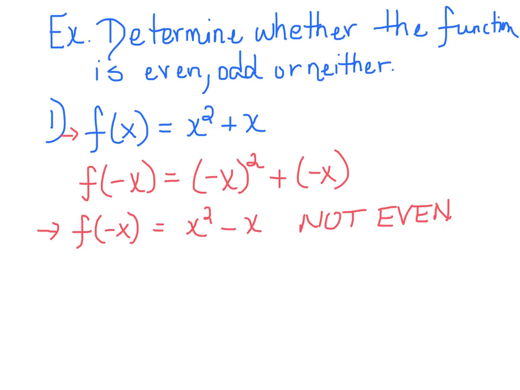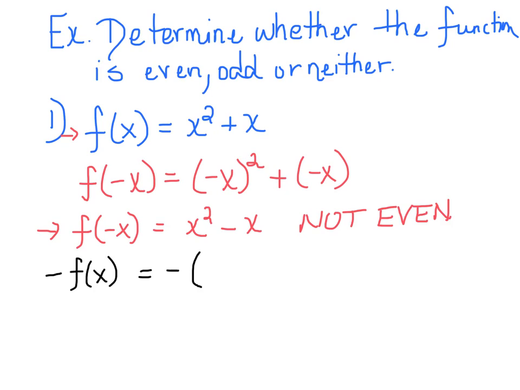Okay, so now we want to determine whether the function is odd. To determine whether the function is odd, we start with where we left off. We start with f of negative x. From this function, we factor out a negative. If when we factor out the negative, we're left with f of x inside of the parentheses, then this function will be odd. So let's take a look at it. From x squared minus x, I'm going to factor out a negative.